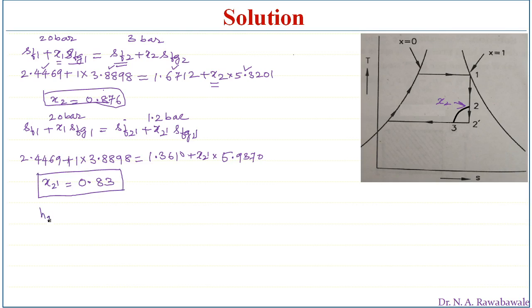So H2, the enthalpy at point 2, is given as h_f2 plus x2 times h_fg2, the enthalpy of wet steam at pressure P2, which is equal to 3 bar.